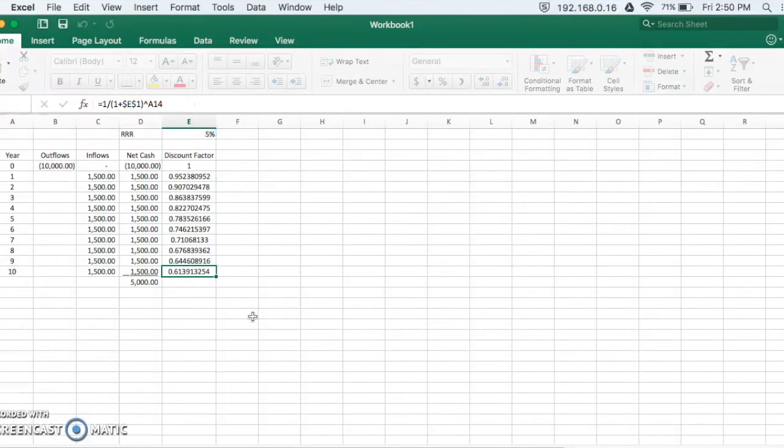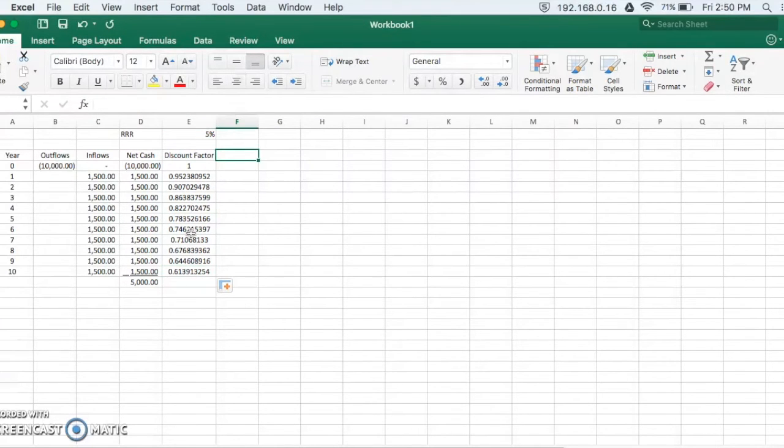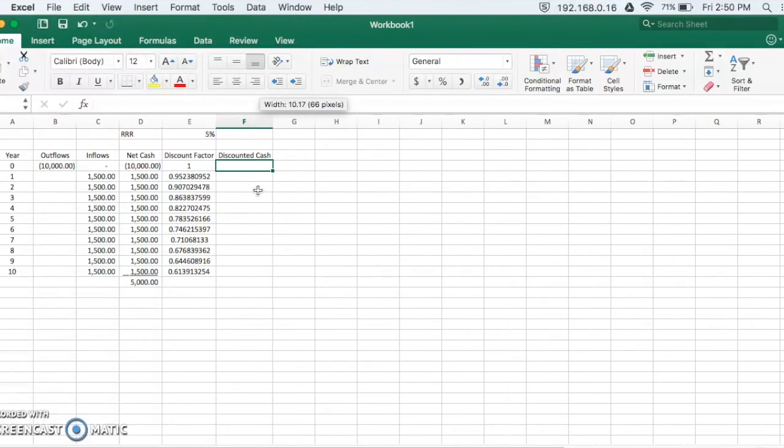Okay, and then your discounted cash flow, of course, is equal to the discount factor times the net cash flow for the year. And so again, that's year 0, so it should be 10. And then as we go down here, you do there.